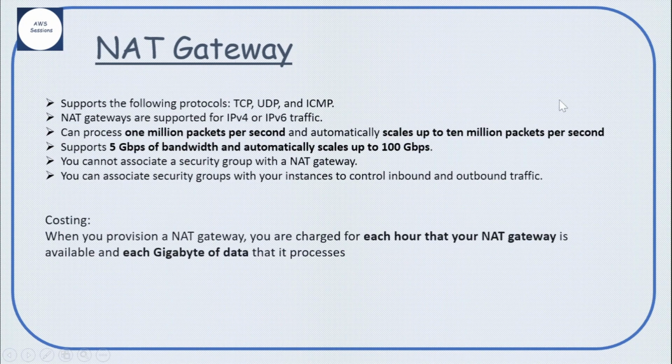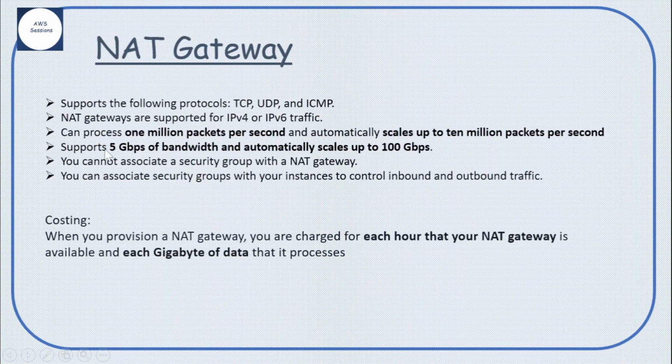So this is some of the theoretical part about NAT gateway. I won't spend much time here, but I'll just quickly cover it. NAT gateway supports protocols such as TCP, UDP, ICMP, and it supports IPv4 and IPv6 traffic as well. It can process up to 1 million packets per second, but it can automatically scale up to 10 million packets per second.